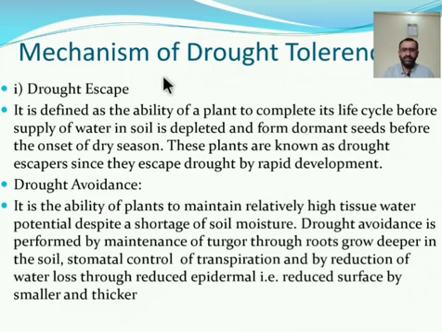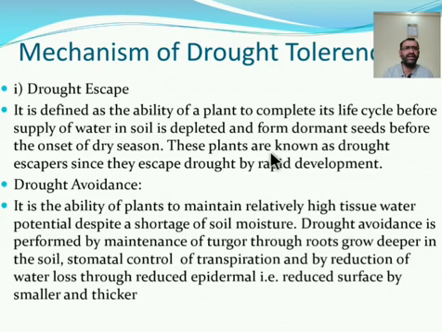Let us see the mechanism of drought stress. There are different points, of which the first one is drought escape. It is defined as the ability of a plant to complete its life cycle before the supply of water in the soil is depleted. Before the drought comes, the plant has the ability to complete its life cycle, and from dormant seeds before the onset of the dry season.